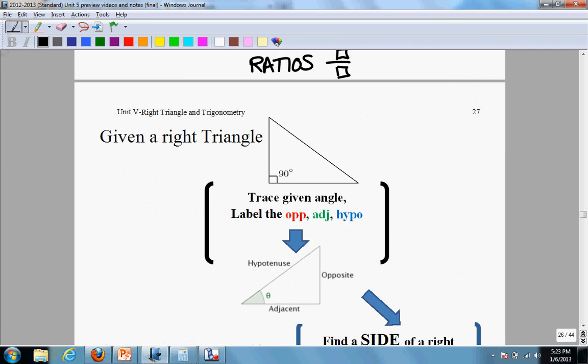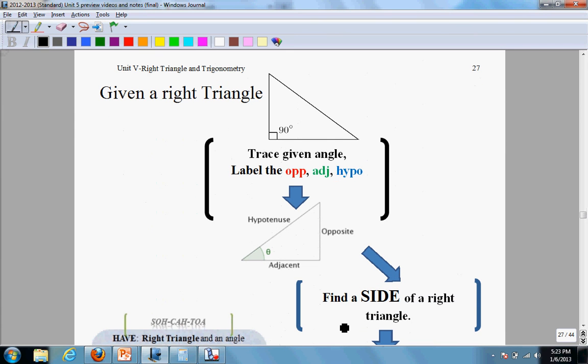When you have a right triangle, the first thing you will always do is label the opposite, the adjacent, and hypo, depending on where your unknown angle is. And there are two things you can do: you can find sides using this, and you can find angles. Sides and angles.